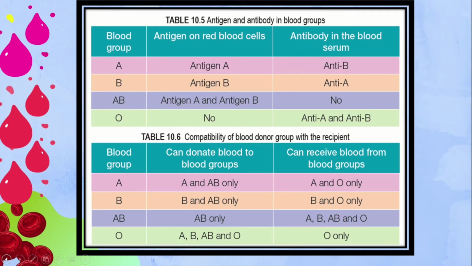Meanwhile, blood group B has B antigen and the antibody in the blood serum is anti-A. Blood group AB has antigen A and antigen B on the red blood cell, but does not have antibodies in the blood serum. Blood group O has no antigen on the red blood cell, but there is anti-A and anti-B in the blood serum.